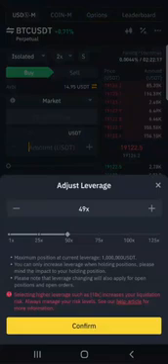But one thing you need to know about this is that the higher your leverage, the higher your risk of losing your money, right? In as much as it's giving you, it's also taking if care is not taken. So I will not advise you to use high leverage. Me personally, I don't like using high leverage, and the highest leverage you can use is 125. Honestly speaking, when I started trading, when I was a newbie, I used to use 125, the highest leverage, because I really wanted to make more money.